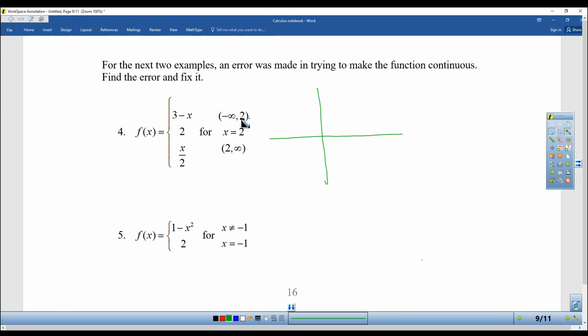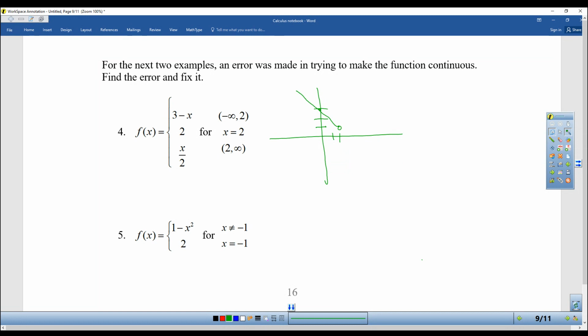Remember that when you're looking at piecewise functions, you can be thinking about what this is. It's a line that crosses at 3. It's going to be going down. But personally, I always plot the endpoints. So I ask myself, what's happening at 2? Make an open circle. So at 2, I get 3 minus 2 is 1, open circle.